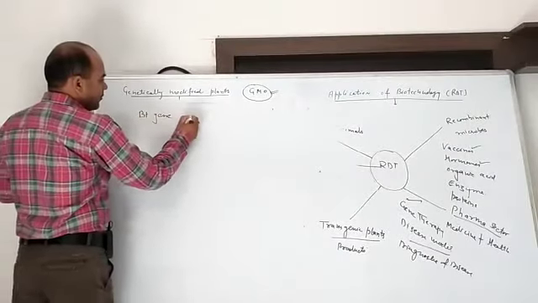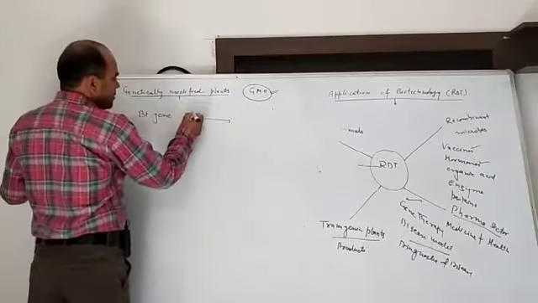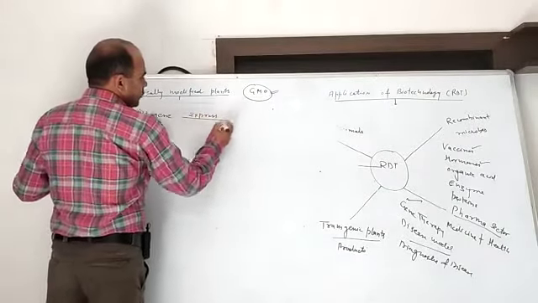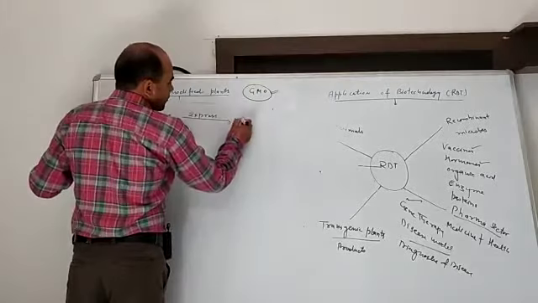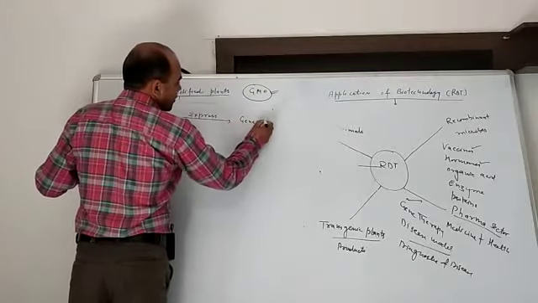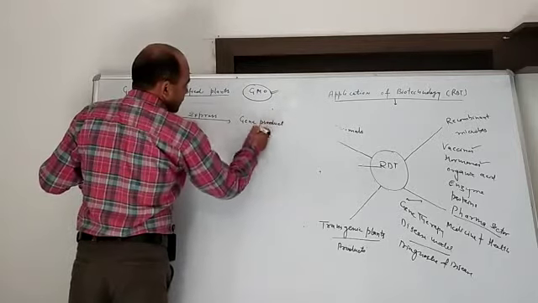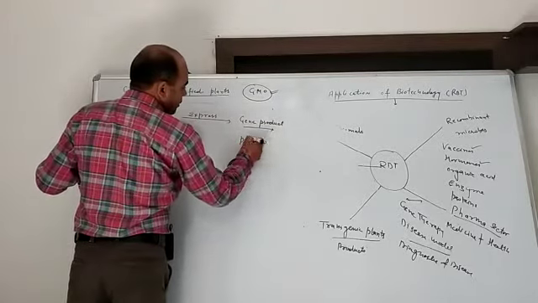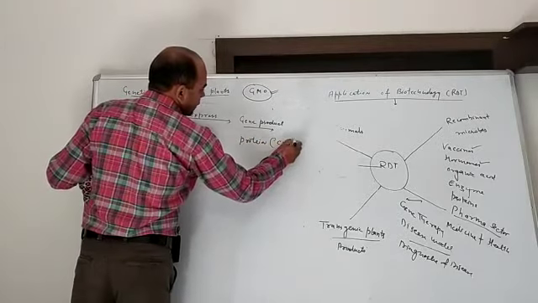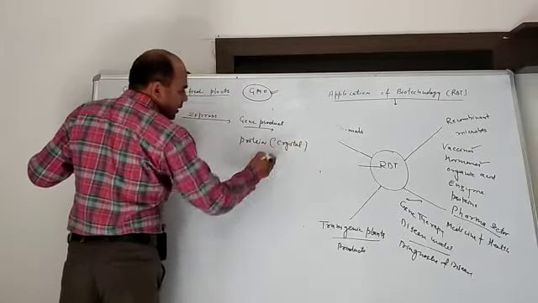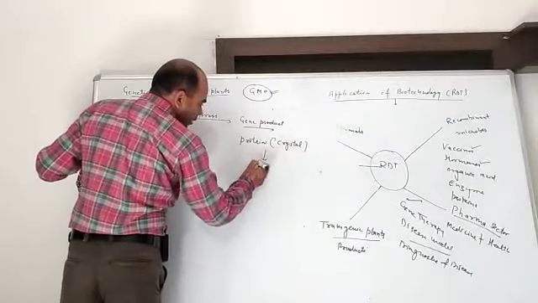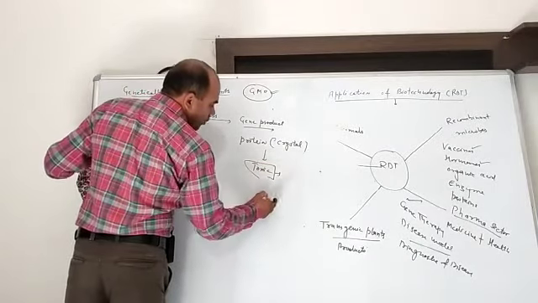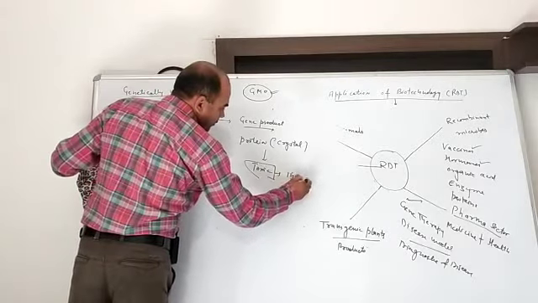Bt gene expresses to produce a gene product. These gene products are called protein in the form of a crystal, and these crystal proteins are toxic to a particular insect.